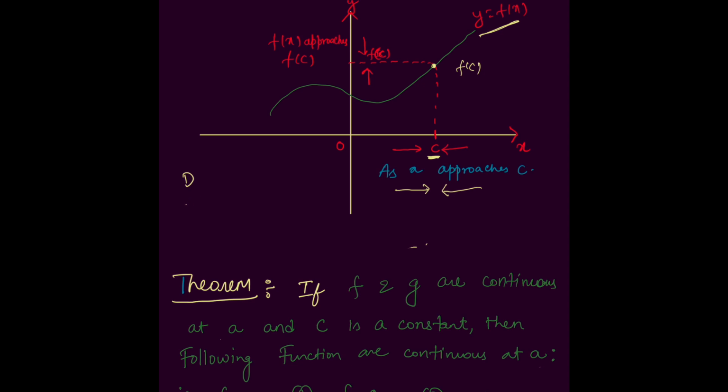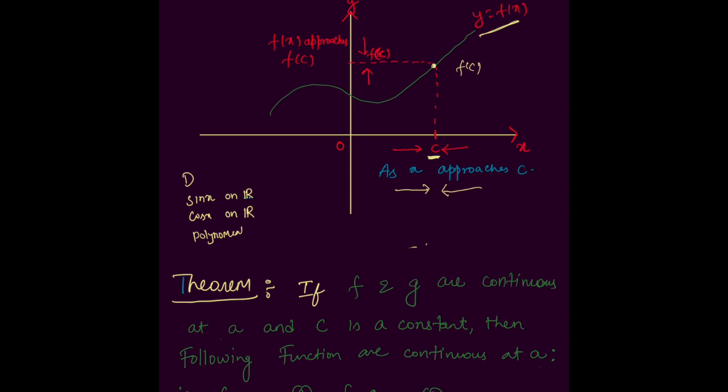We have a lot of examples to check whether a function is continuous or not. Let us suppose that I take sin x. Sin x is continuous on the whole real line. Cos x is also continuous on the whole real line.